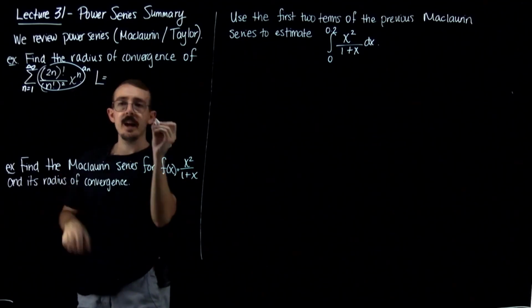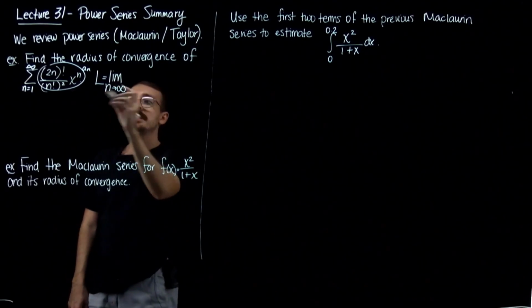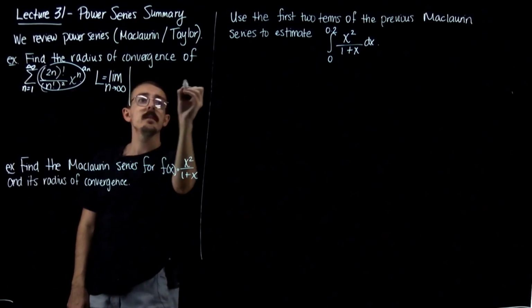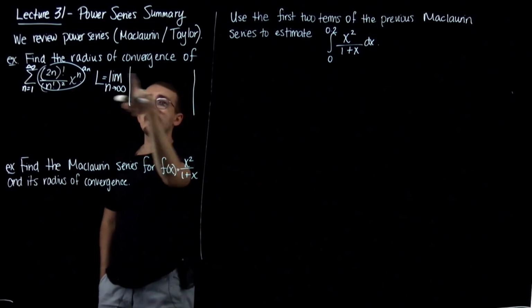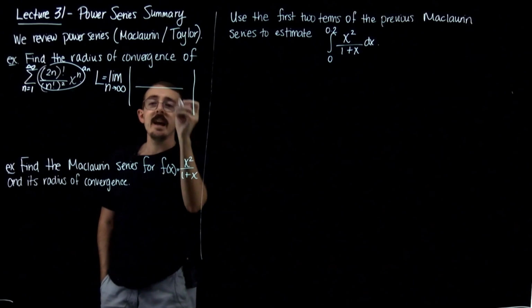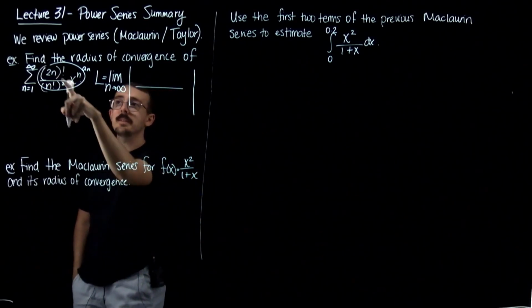We're going to define our capital L to be the limit as n goes to infinity. And what do I need to do with this a sub n? Well, in absolute value bars, I need to plug in n plus 1 into all of these positions for n.